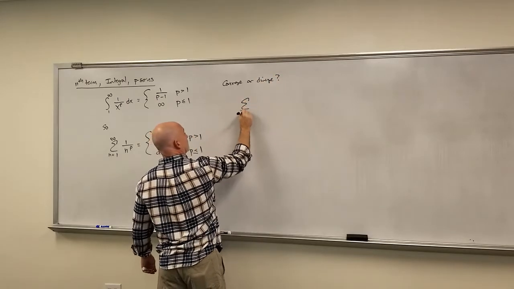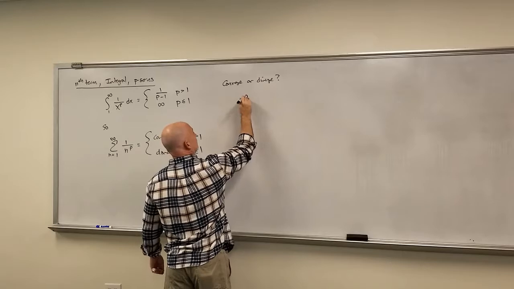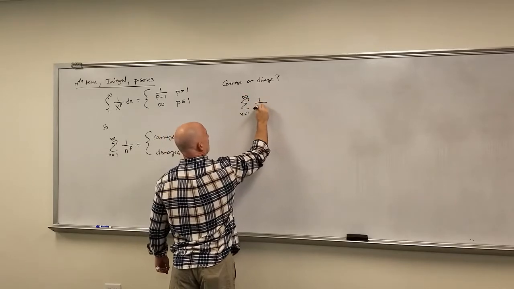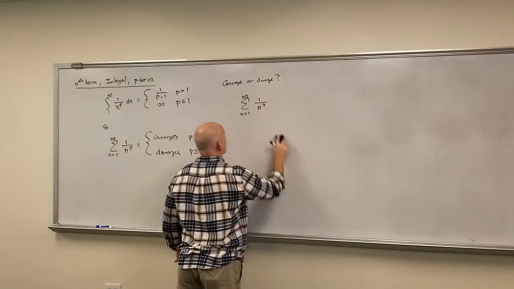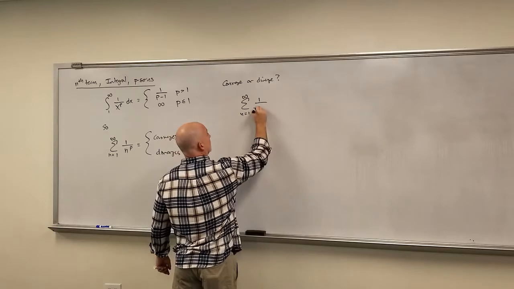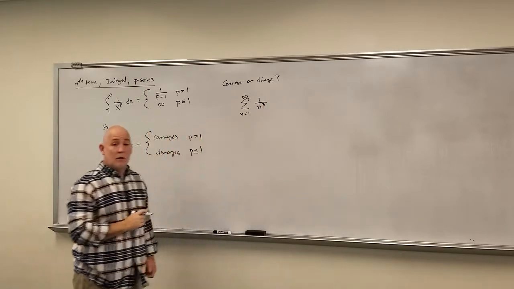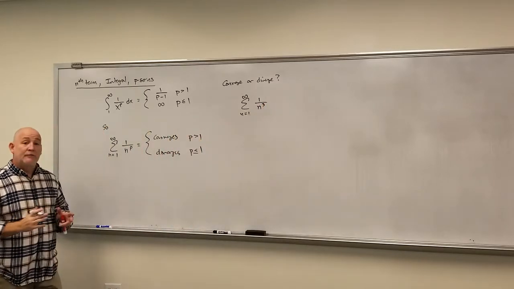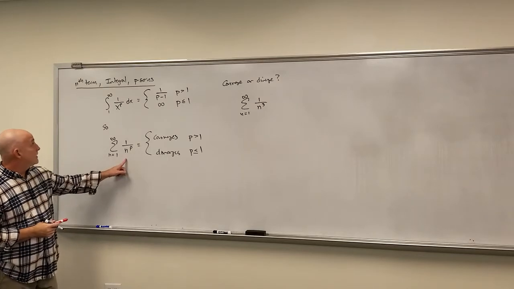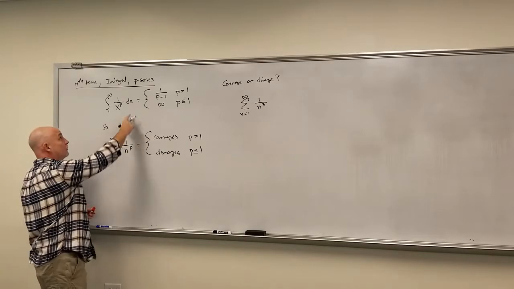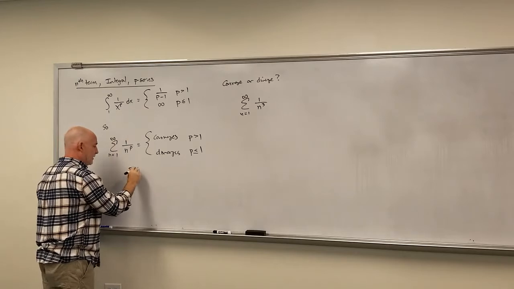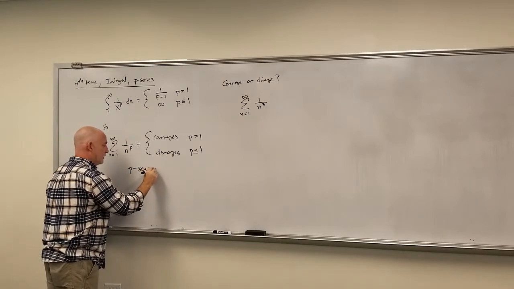So if the question is, again, converge or diverge, and I said what's the sum, n equals 1 to infinity, 1 over n to the third, all you have to do is be able to recognize the form. You're like, hey, this has this form. By the way, this was called a p integral. This is called a p series. I didn't write it here.